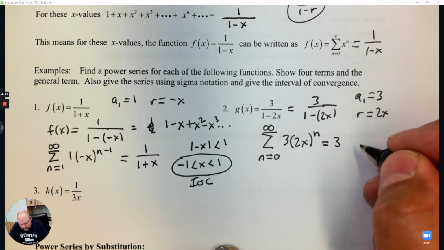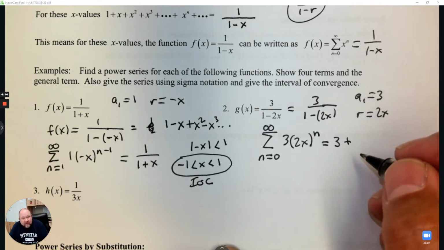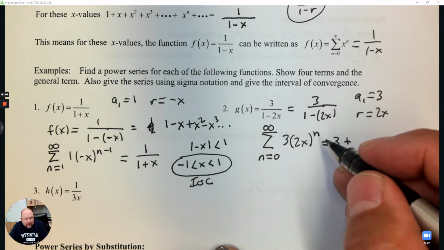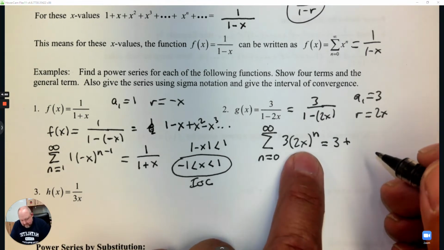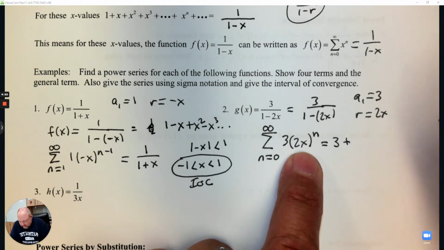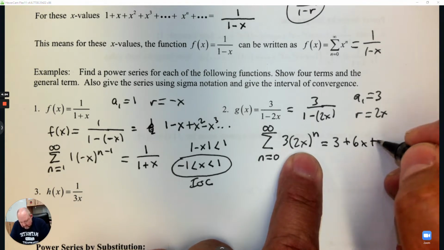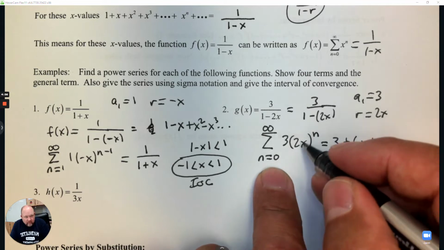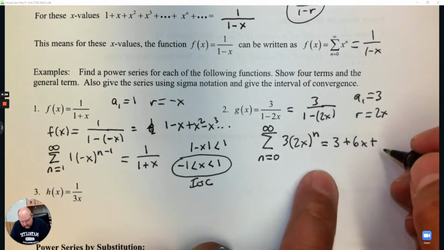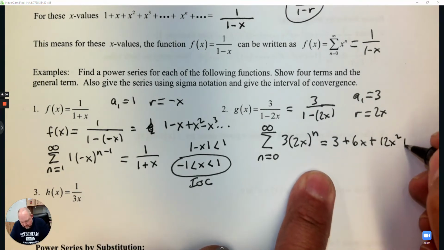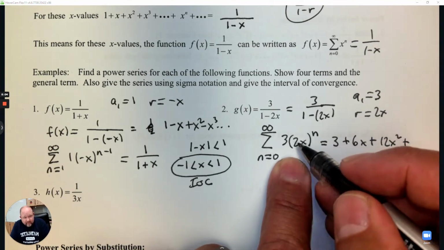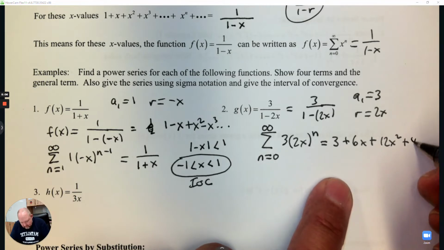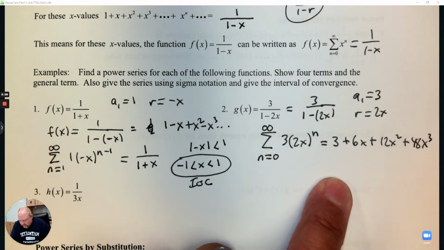And then the first 4 terms would be plug in 0, plug in 1, and you get 6x. Plug in 2, and when you square it, it'd be 4 times 3, so it'd be 12x squared. Plug in 4, that'd be 16 times 3, 48x cubed, and so on.